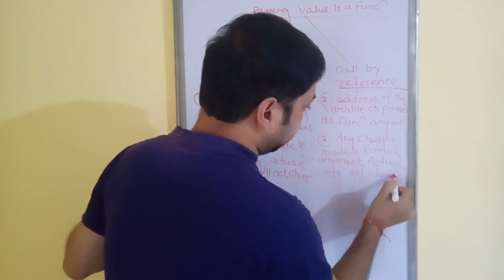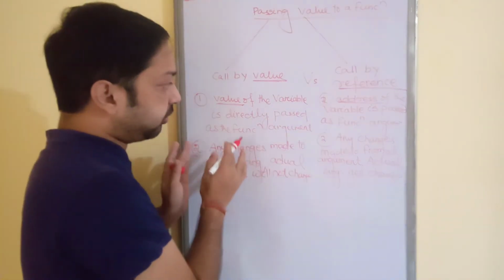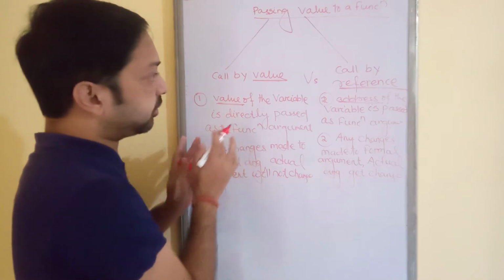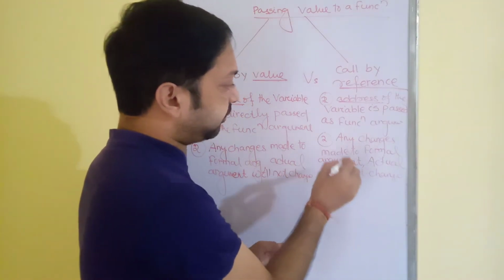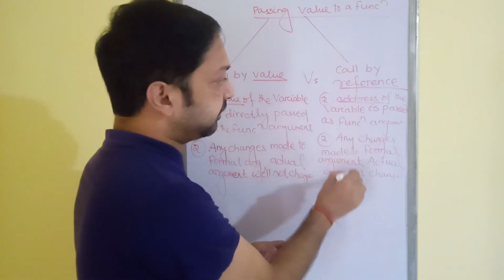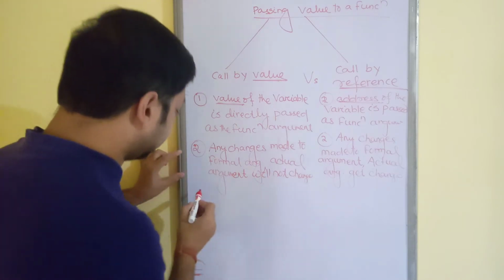That means if you are making any changes in the function definition part, that will not be reflected in the main function in case of call by value. But in call by reference, if you are making any changes to the function definition part, that will be reflected in the main function.